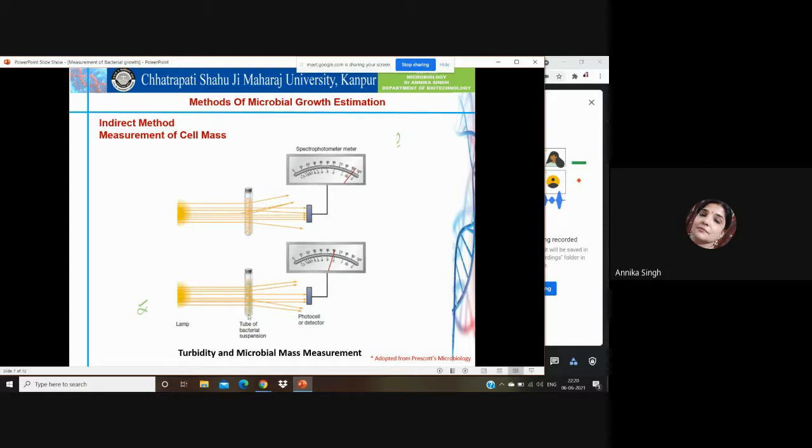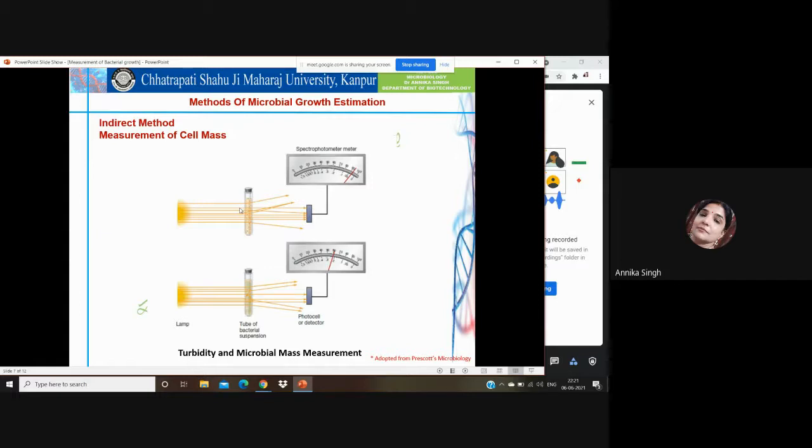As the number increases, the light scattering also increases, which means transmission decreases and absorbance increases. This absorbance is directly proportional to the concentration of the cells. So in this way we can measure the overall increase in the mass of the cells.